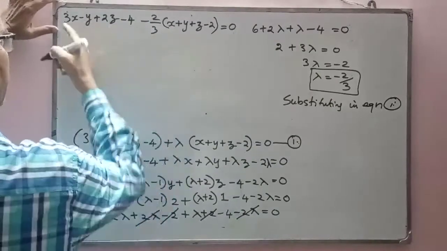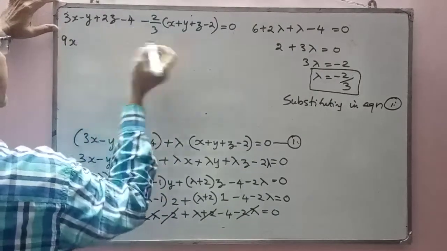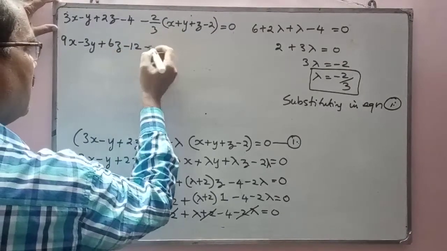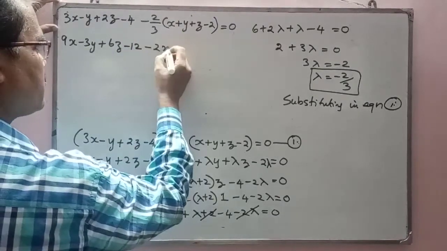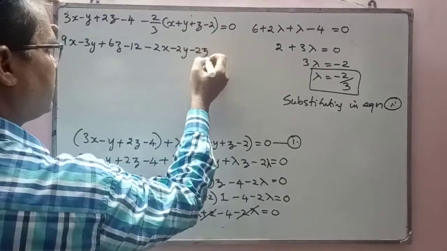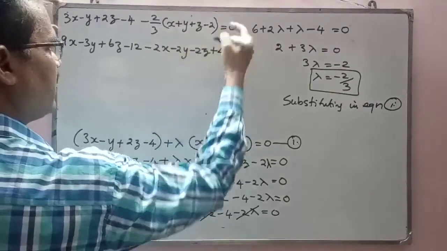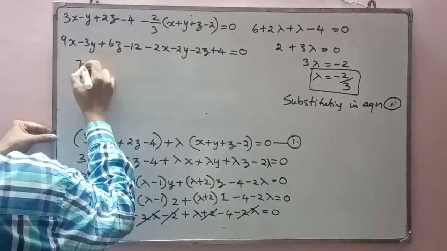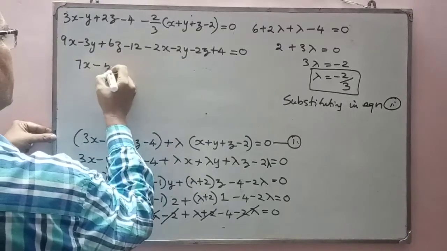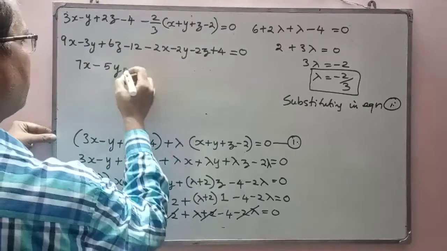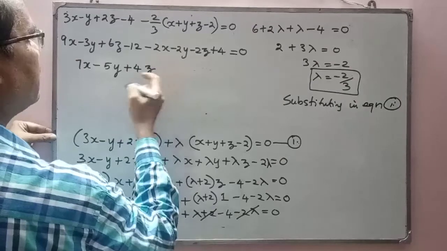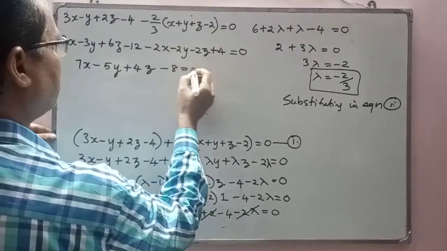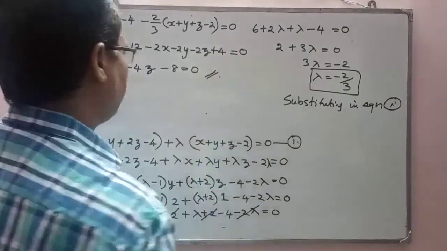We'll take 3 here, multiplying by the LCM: 3x minus 3y plus 6z minus 12 minus 2x minus 2y minus 2z plus 4, and 3 gets multiplied with 0, so it gets removed. Now 9x minus 2x is 7x, minus 3y minus 2y is minus 5y, plus 6z minus 2z is plus 4z. Then minus 12 plus 4 gives minus 8 equals 0. This is the required equation of the plane.